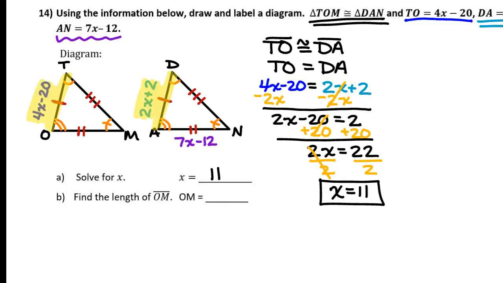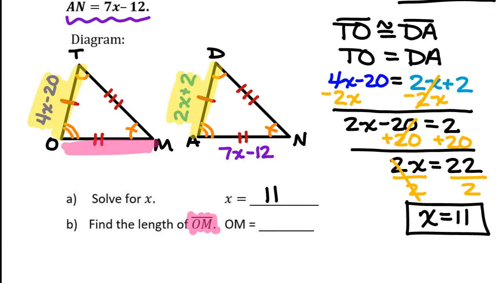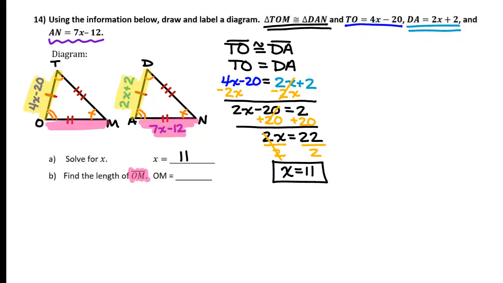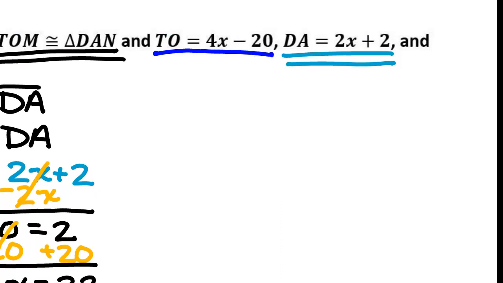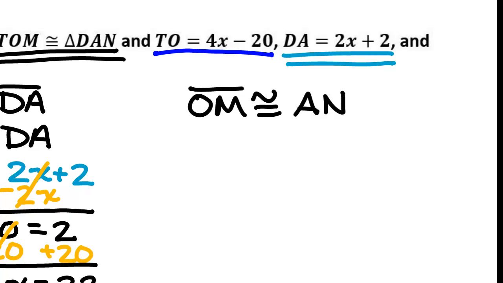And then it says we're also supposed to find the length of segment OM. Well, that's this right here. It doesn't have an expression on it. How can I do that? With the other one, it's equal to what? AN, which does have an expression. So we can say that OM is congruent to AN.